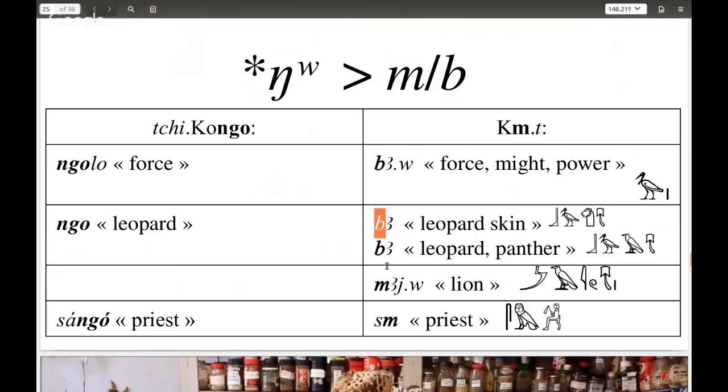And so remember I told you that M and B correspond and interchange in Egyptian. And so the same word for leopard skin and leopard and panther, they actually pronounced it with an M sound.